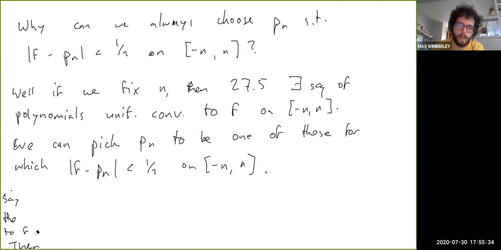Once you have that, those Pn's form a sequence.